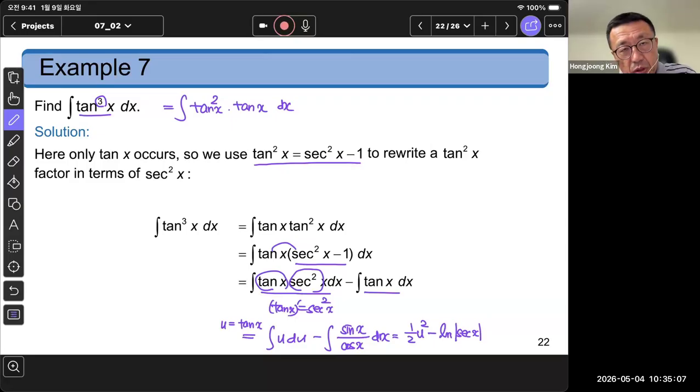And since u is a dummy variable I just introduced, I need to replace this u by tangent x, and then plus constant c. So that will be the integral of tangent x to the third power.